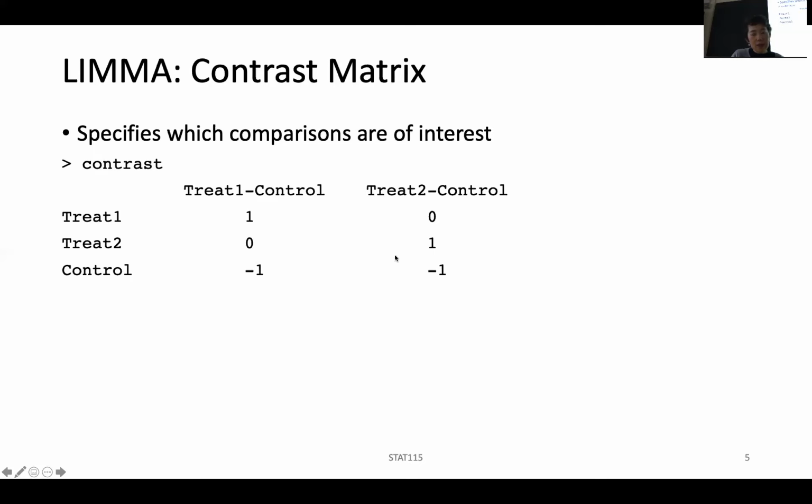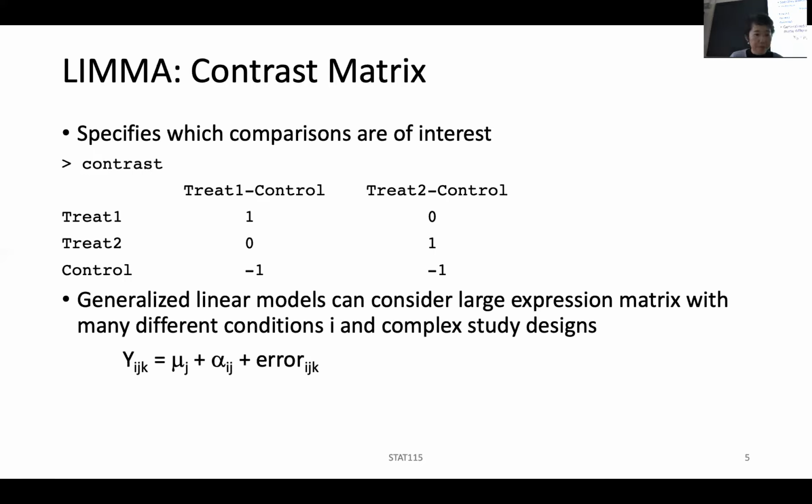And then if you want to do another comparison, which is treatment number 2 compared with the control sample, then treatment number 2 will be 1, the control will be -1. So basically in this contrast matrix, you can specify what type of comparisons you are interested in getting.